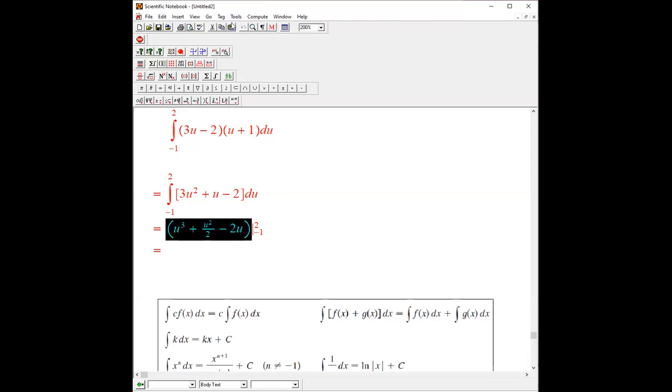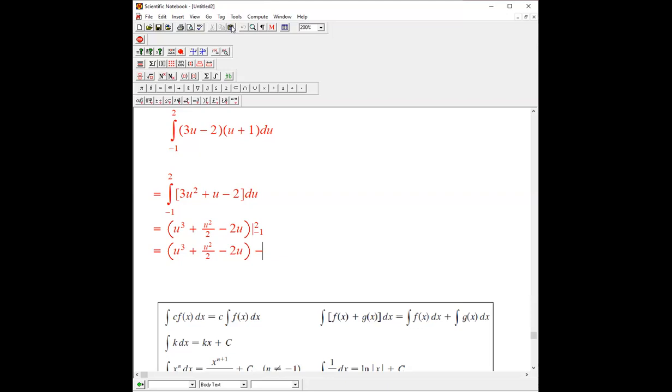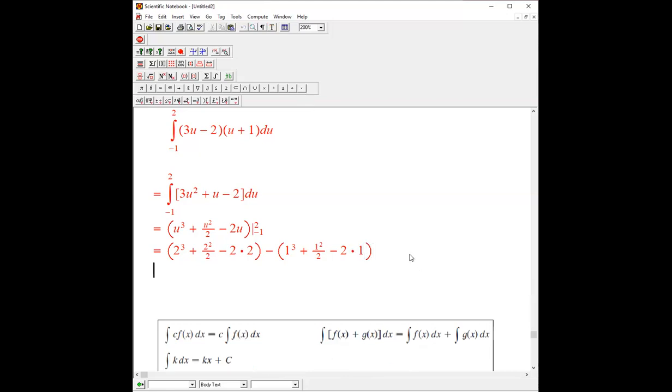So this bracket, subtracting another parentheses. The first one is all substituted by 2, and these are all substituted by -1. You can write it down this way, and then simplify, right? This is 8.